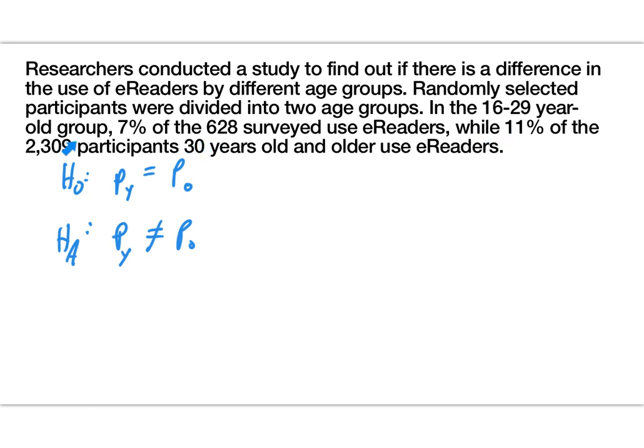Okay, 11% of 2,309 also over 5. So since there are over 5 successes and 5 failures for both, the sampling distribution is approximately normal. No, I did not write all that down, but you would on the space provided on an exam. But I just determined normality. I'm going to go like this. Zero's in the middle. Proportion test is Z.